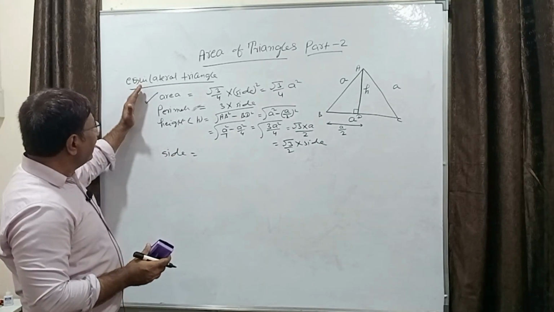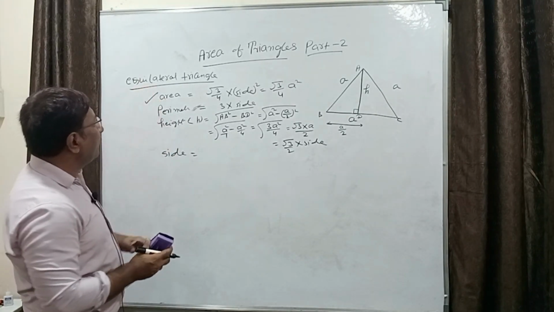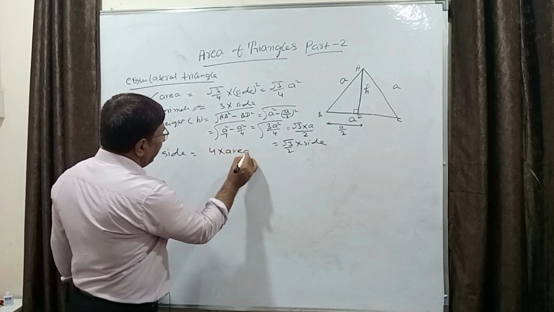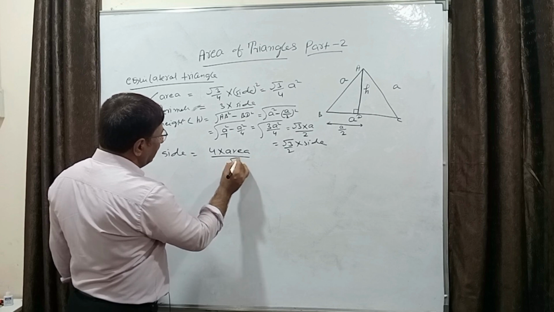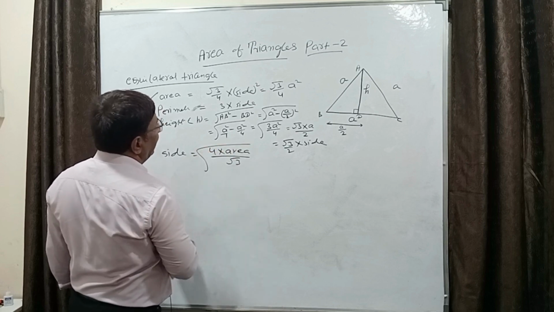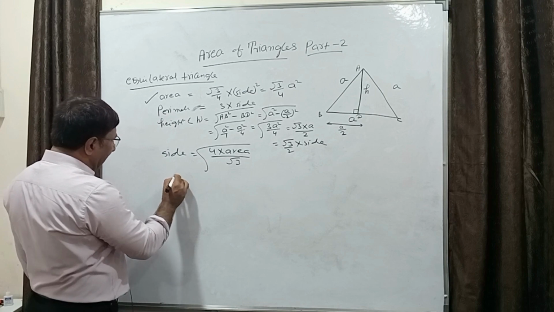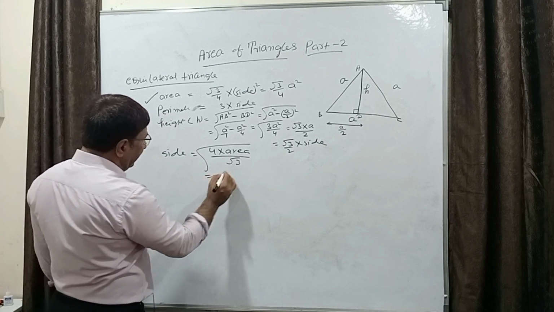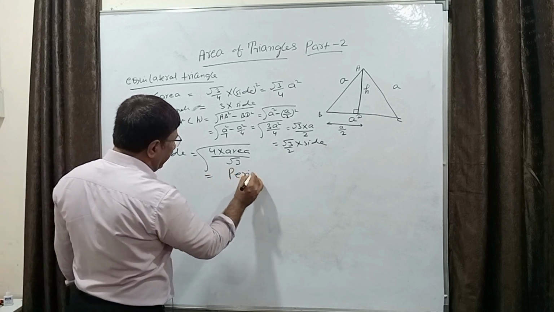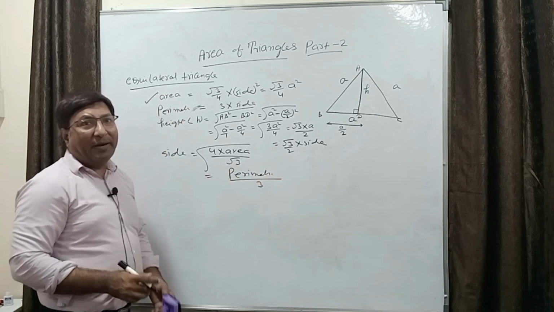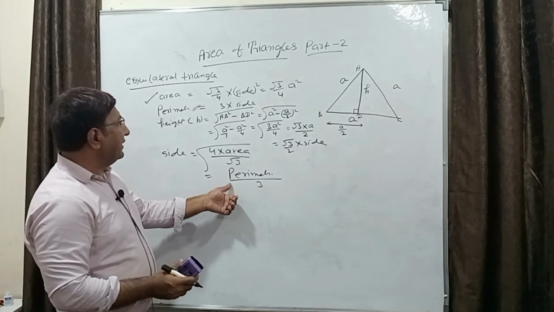If area is given, then you can find it from the first formula, that is 4 into area upon root 3. If the perimeter is given, then you can find it directly: perimeter upon 3. So just divide by 3, you will get the side.